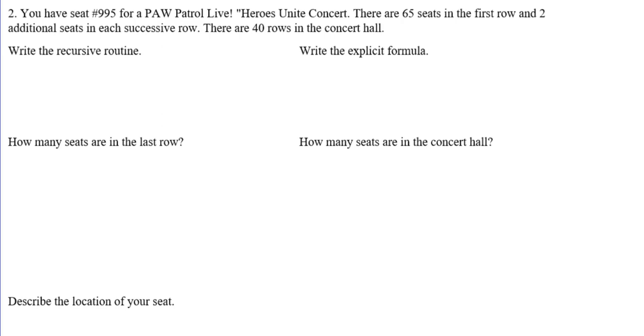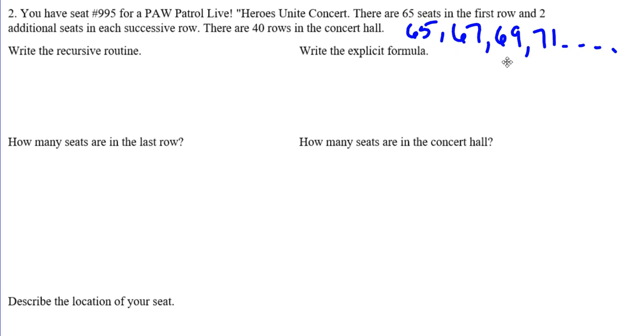To help you think of this auditorium, I would write the first couple of numbers in the sequence. So we know that row 1 has 65 seats. Row 2 would have 67 seats, row 3 has 69 seats, and row 4 would have 71, and so on. So again, because this is the first row and we write all of our recursive routines and formulas using a sub 0, I have to backtrack the pattern that I see.